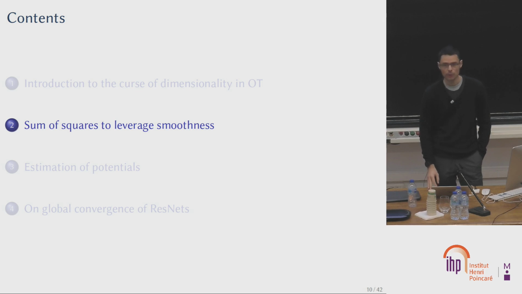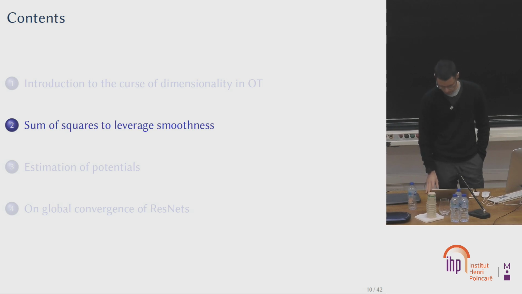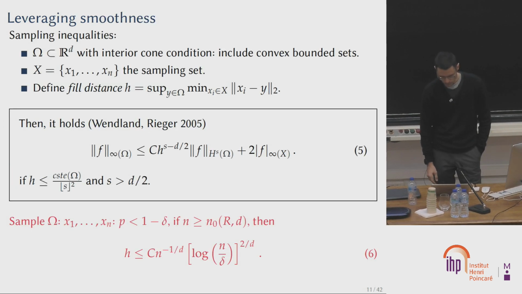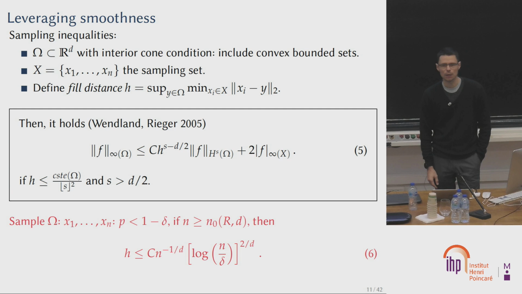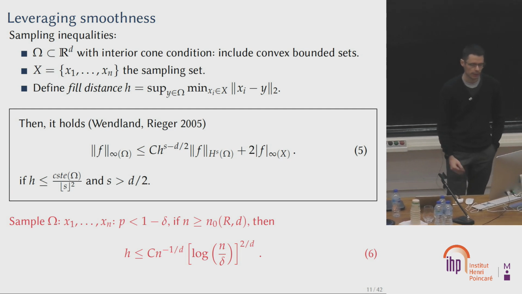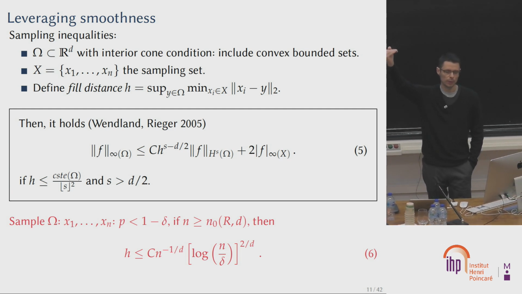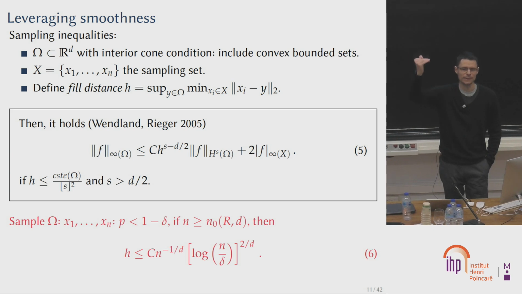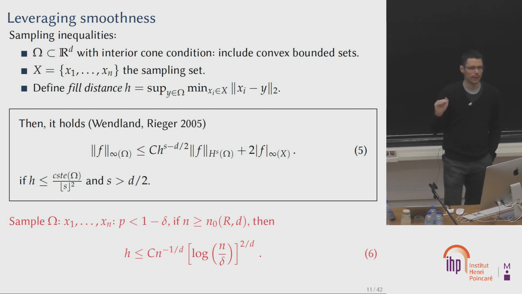Okay, so now I'm going to explain how to use sum of squares in order to leverage smoothness. First, the problem in the dual formulation that I presented is essentially the constraint, which is an inequality constraint, which has to be satisfied on the domain.